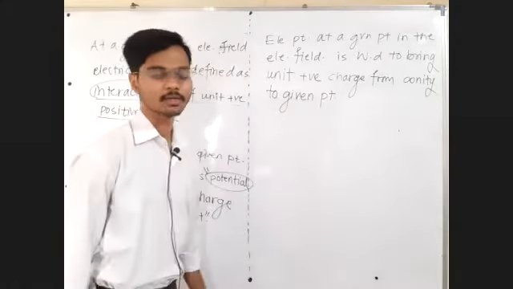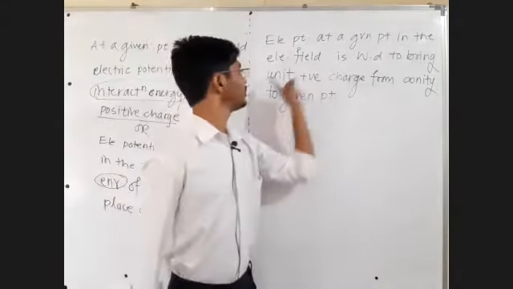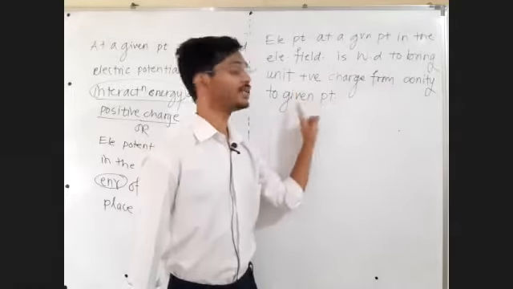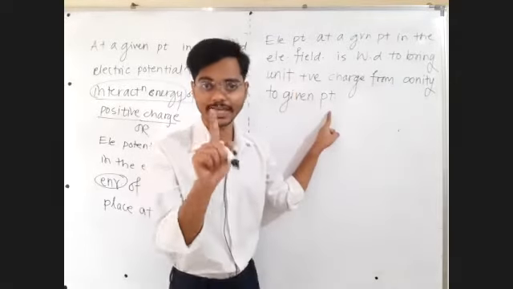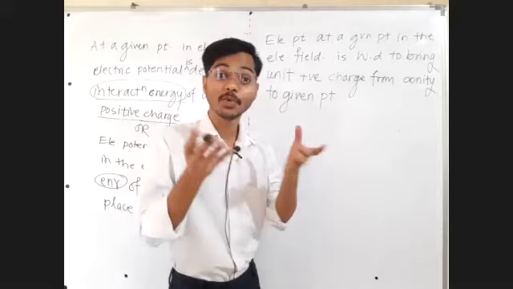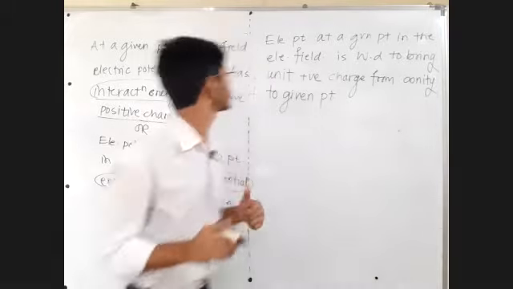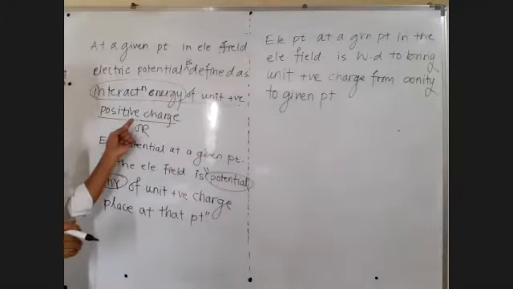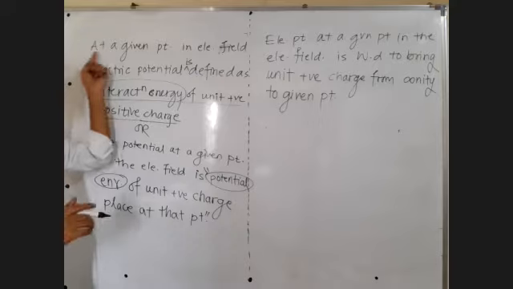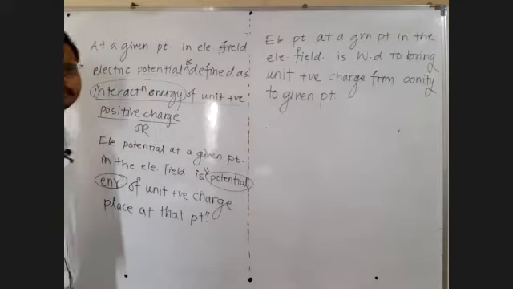Now you people tell me, work done to bring unit positive charge from infinity to given point means what? Potential energy of unit charge. Potential energy of unit charge means what? Interaction energy of unit charge. That means potential. Is that clear?